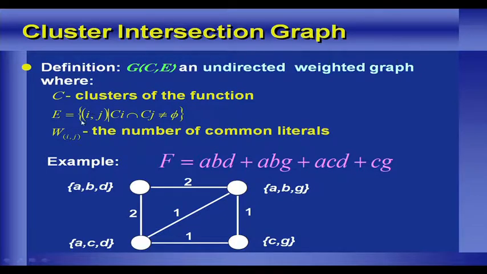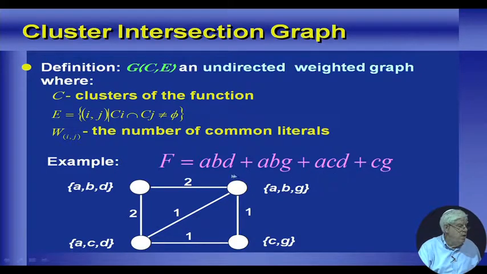So here I have my clusters, and edge ij if cluster I intersects cluster J. But moreover, I'm going to give a weight to that edge to be the number of common literals between the two clusters. This is already familiar to you because you've seen it in chordal graphs too, right? Where our clusters were cliques, and here our clusters are these terms of a formula.